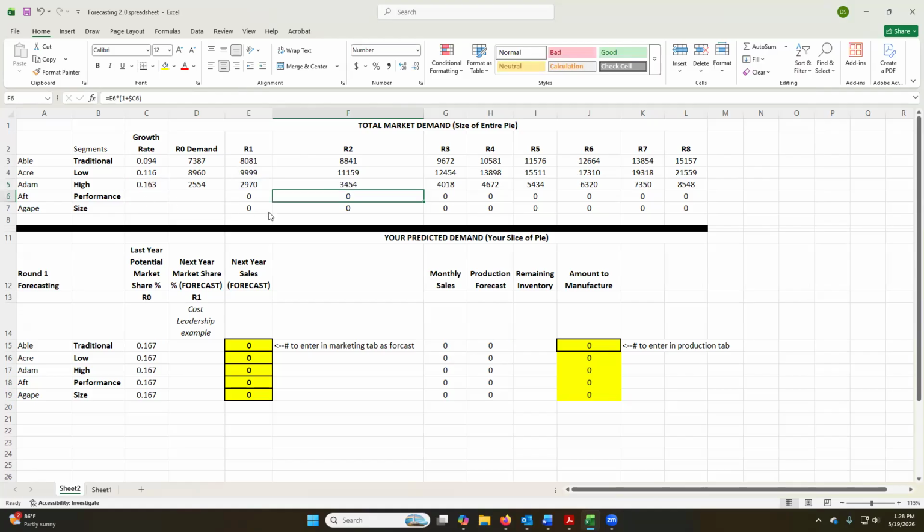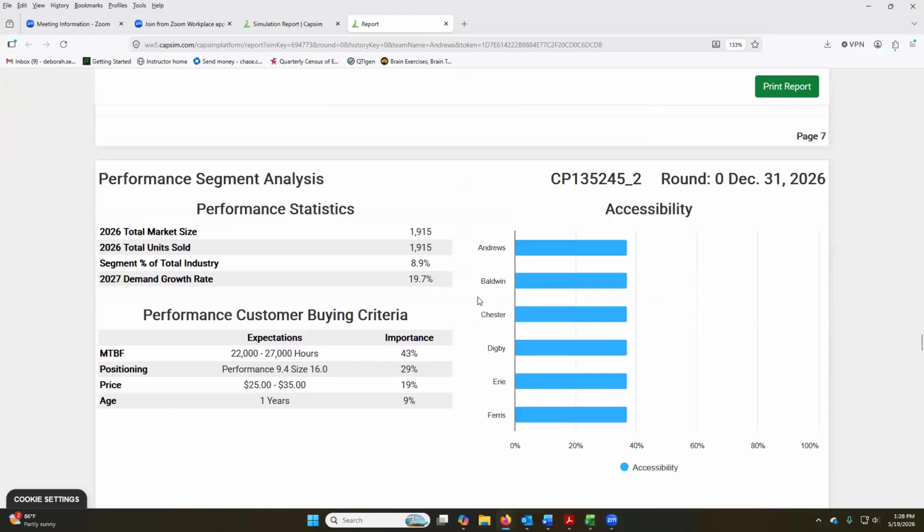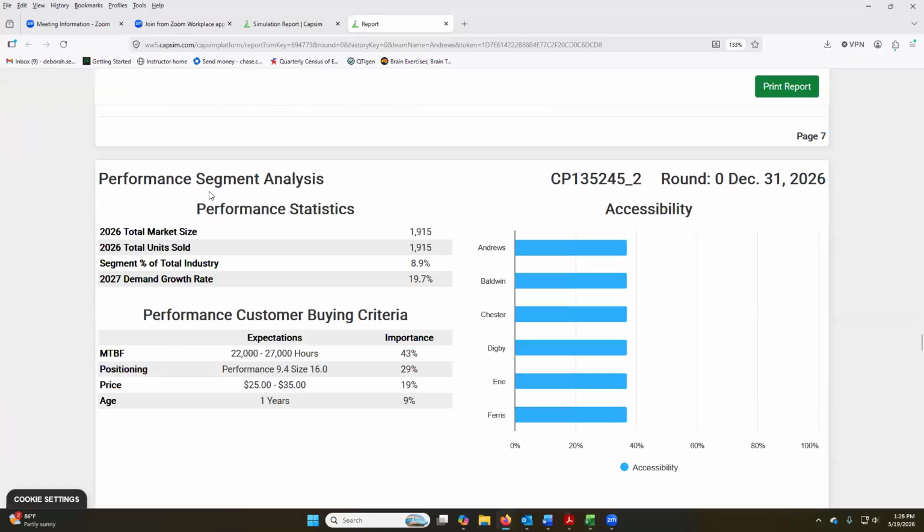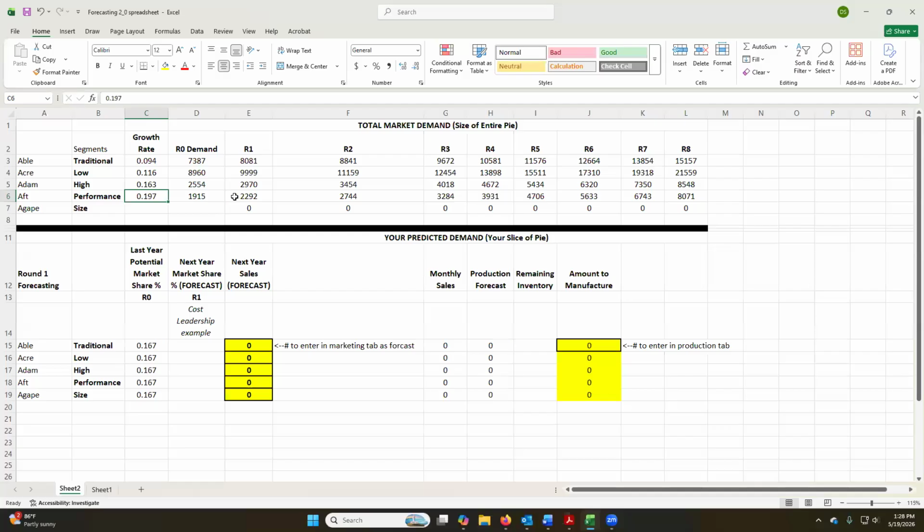And then moving on to performance, we have 1915 and 19.7, wait, let's see, is that right? 19.7% growth rate. And I had already copied and pasted the formulas in.